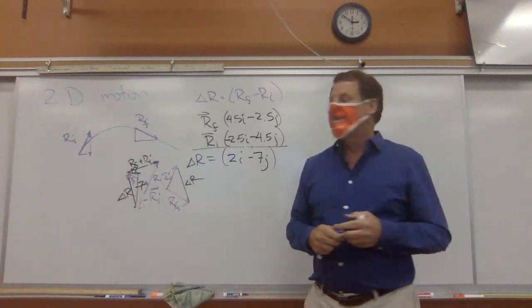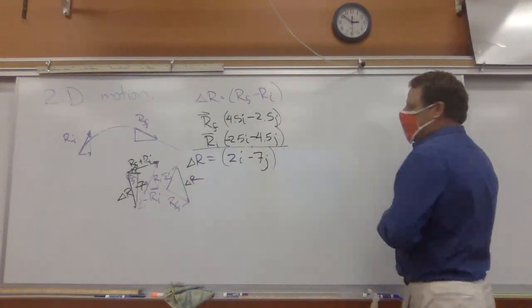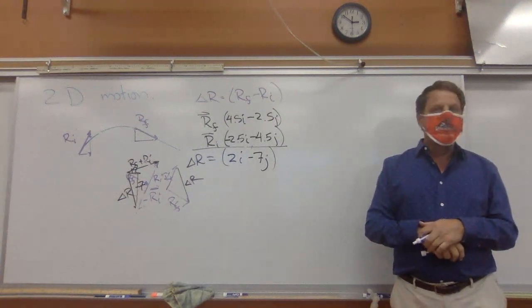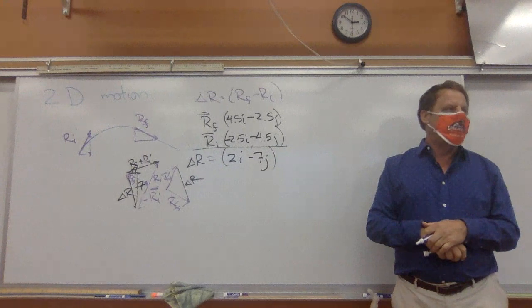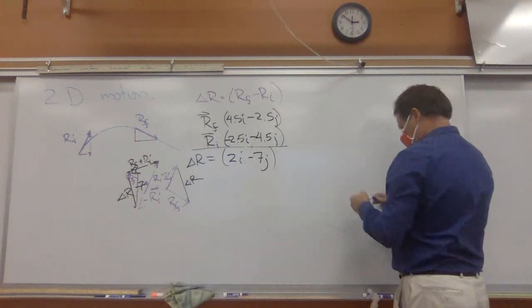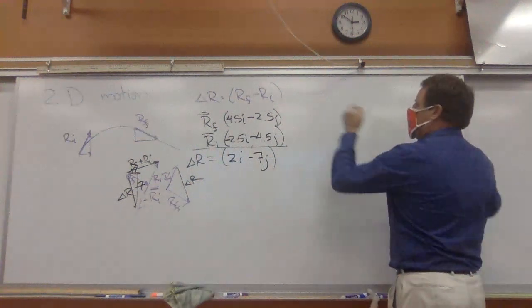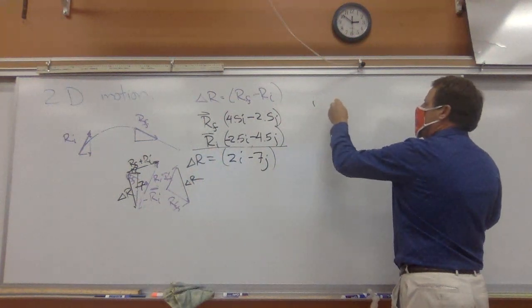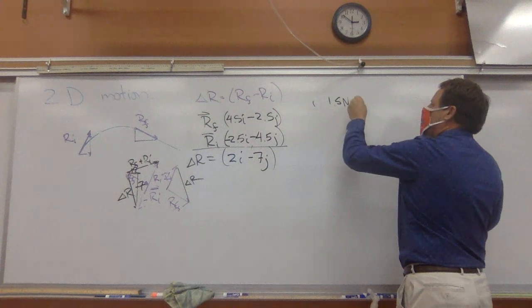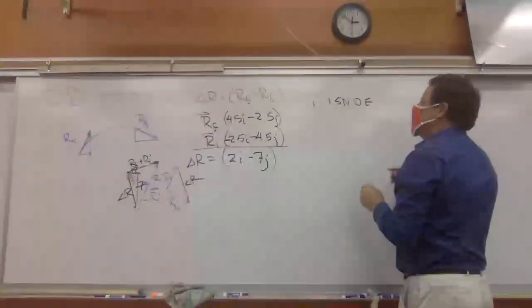So, for example, if we have a delivery person, let's say an Uber driver, and they've got 3 deliveries to make. Their first one, let's say, is going to be 1.5 north and 0 east.